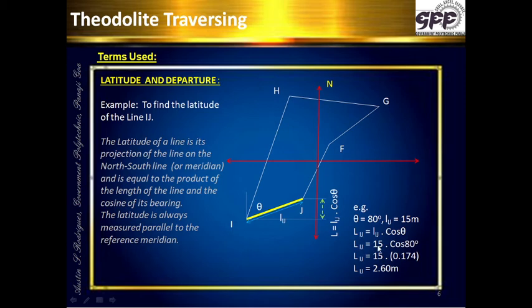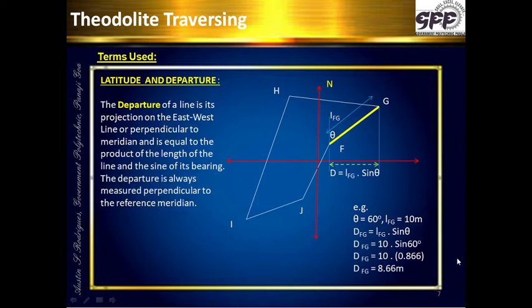Latitude of IJ is 15 meters into cos of 80 degrees, which is 0.174. So the latitude of IJ is 2.60 meters. The projection of this line on the vertical axis is 2.60 meters, or the latitude of line IJ is 2.60 meters.